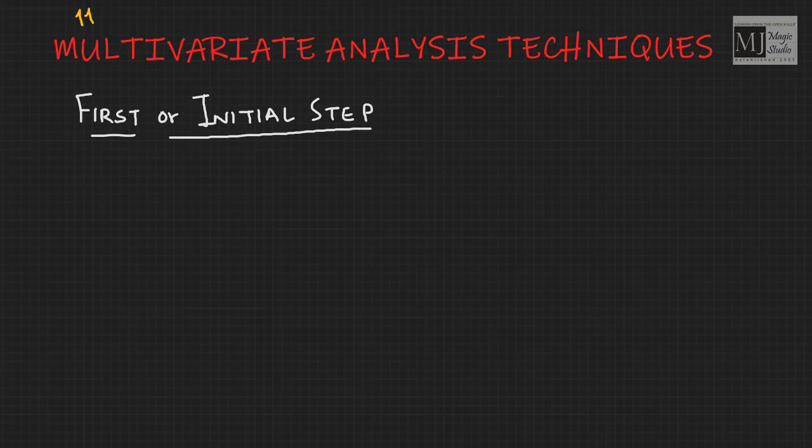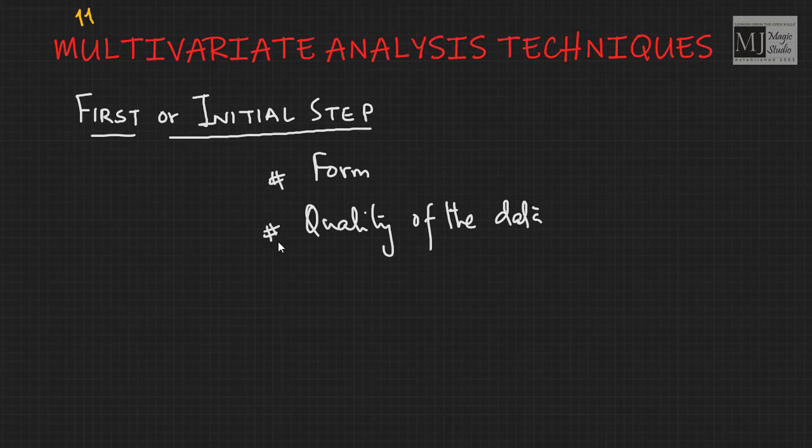Before actually starting with an analysis technique, it is very important to have a clear understanding of the form and quality of the data. You need to understand in which form it is and what is the quality of the data.